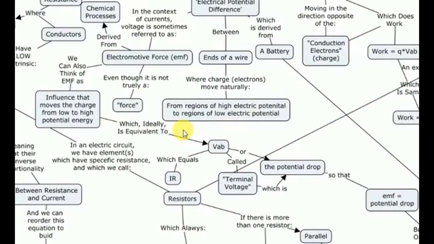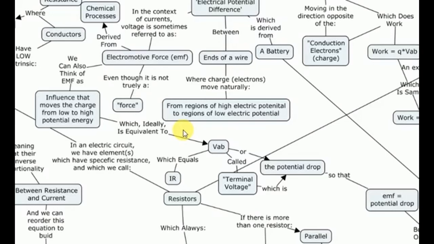Now the influence that moves the charge from the low electrical potential to the high electrical potential inside the battery, in quote unquote ideal situations, is equivalent to the voltage difference. Now the voltage difference moves the conduction electrons from regions of high electrical potential to regions of low electrical potential energy.